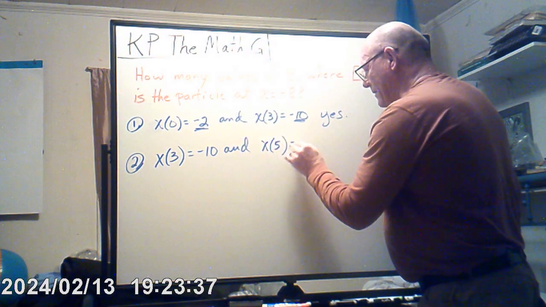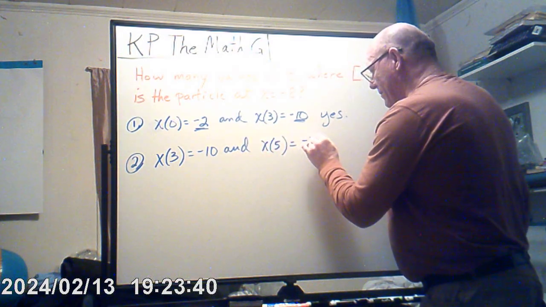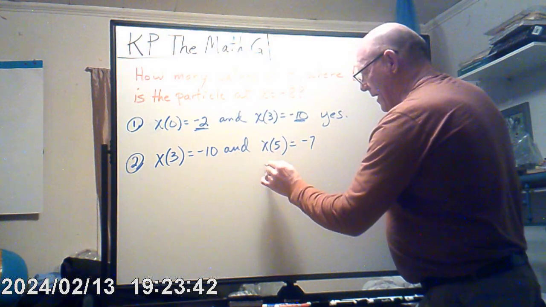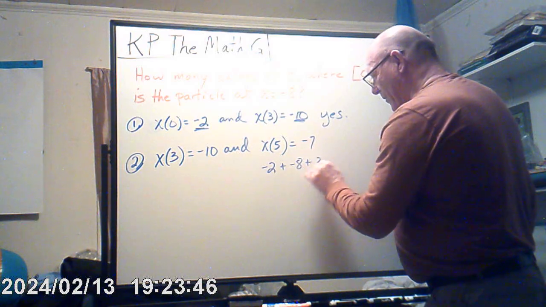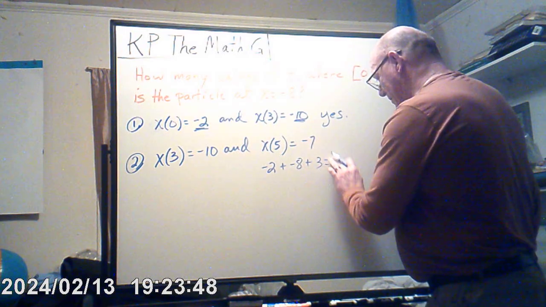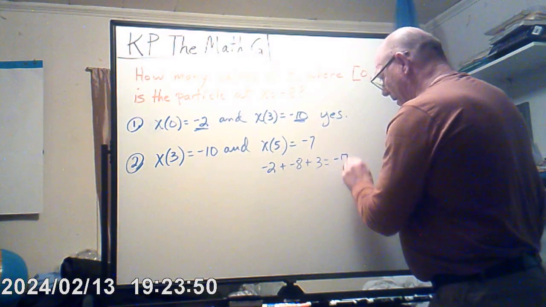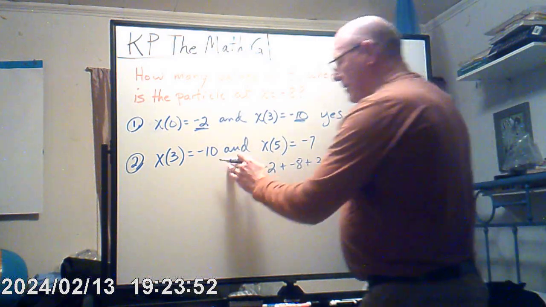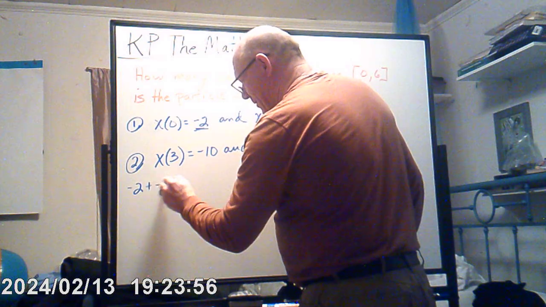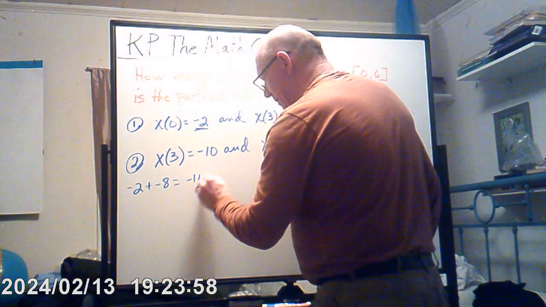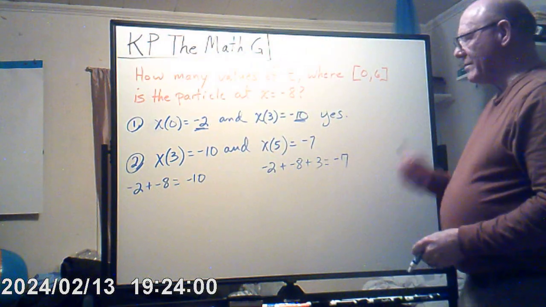We found that to be -7, because remember that is -2 plus -8 plus 3, which is -7. We've already looked at this from the last problem. This was -2 plus -8, which is -10, and so on like that.